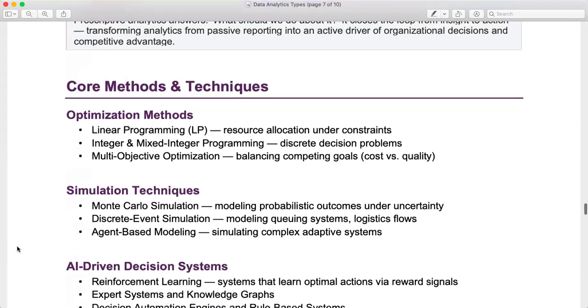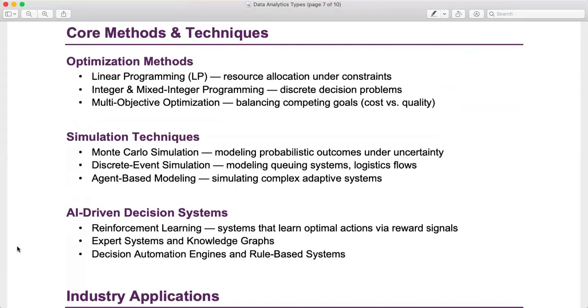So the core methodologies are linear programming, where we are doing resource allocation under certain constraints; integer and mixed integer programming, where we are going for discrete decision problems; and multi-objective optimization, which is very popular, especially when we are balancing competing goals.